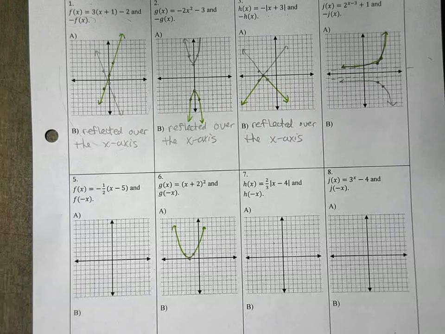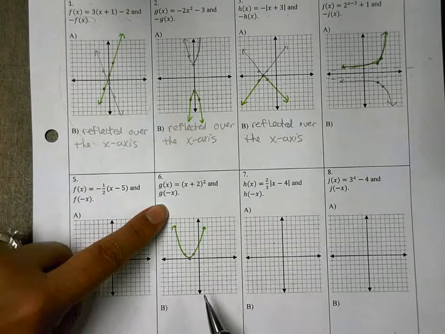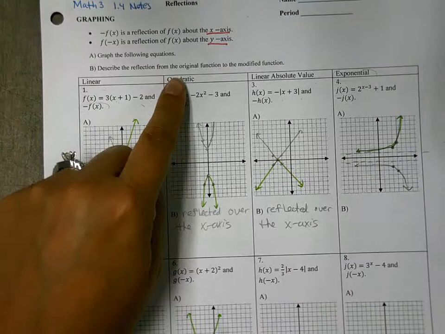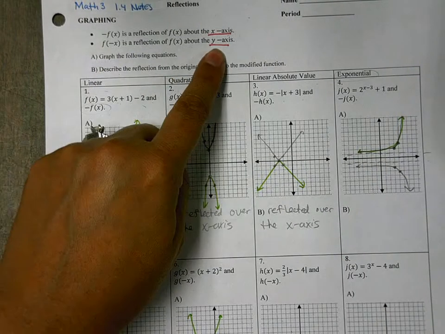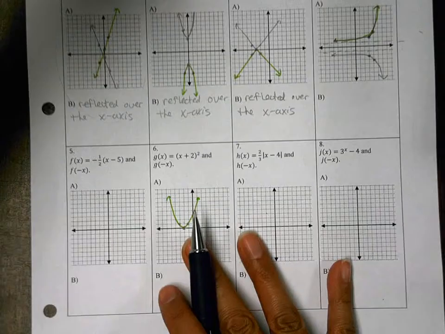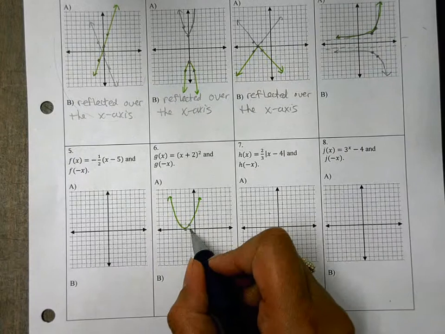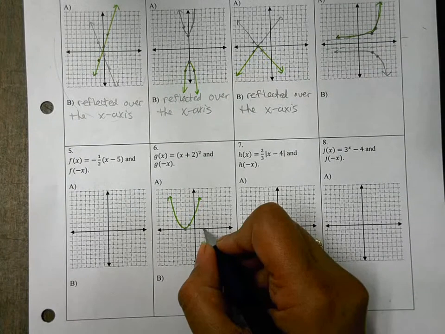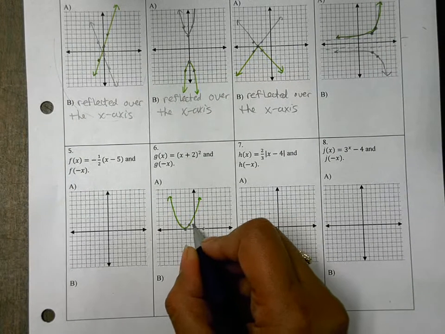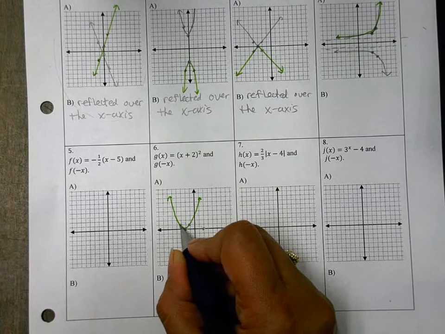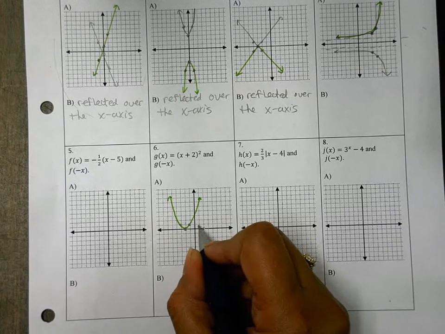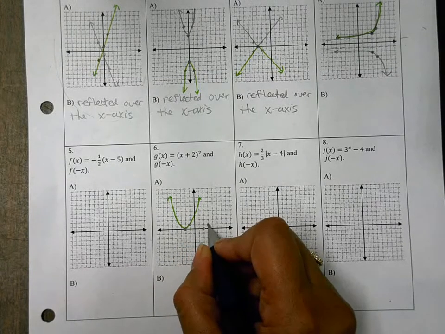And now we're reflecting over the y-axis because it's g of negative x, and when the negative's on the inside, it's over the y-axis. Okay, so 1, 2 to the left, 1, 2 to the right. 1, 2, 3 to the left, so I'm going to go 1, 2, 3 to the right.